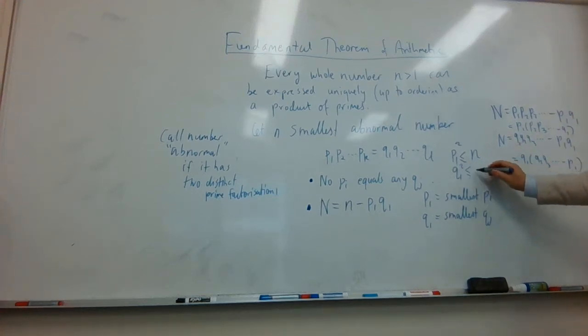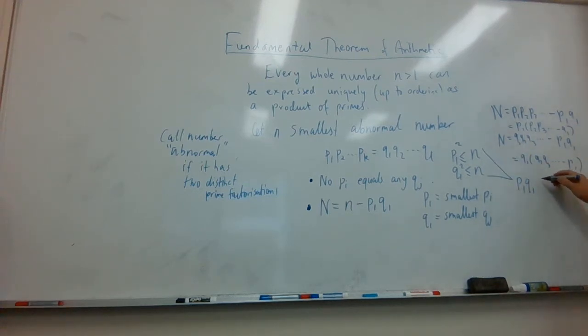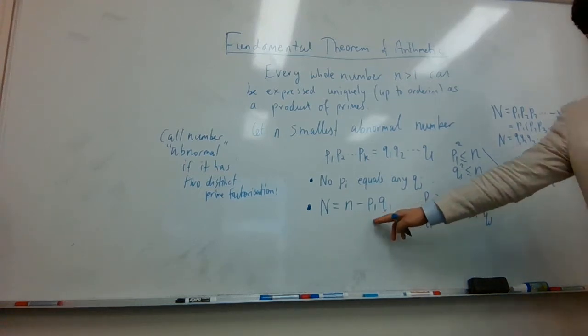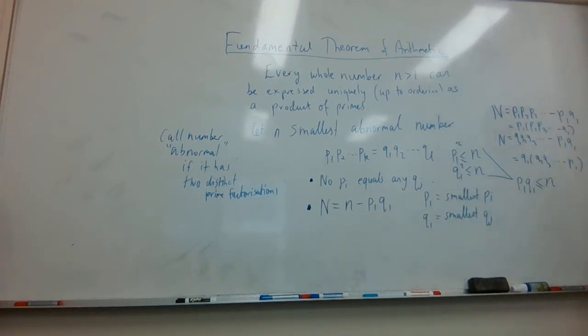And some kind of clever combination shows that actually P1 times Q1 is also less than or equal to n. That makes sense, because if it wasn't less than, it'd be a negative number.